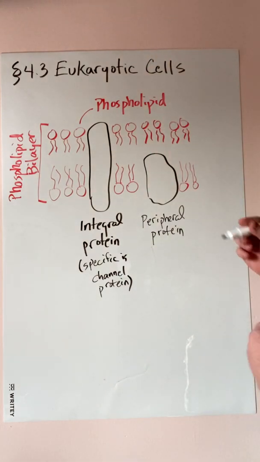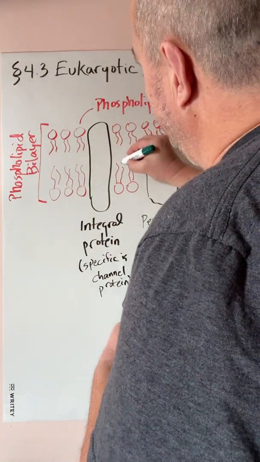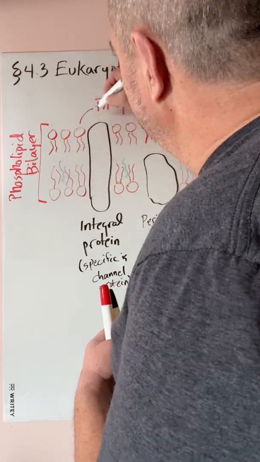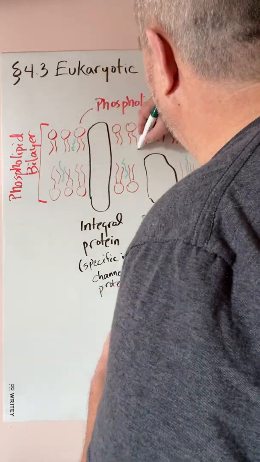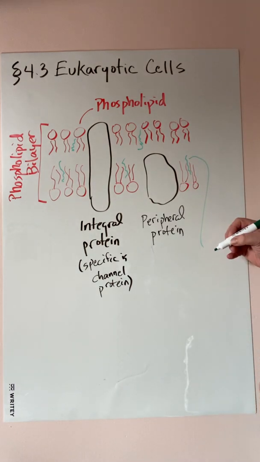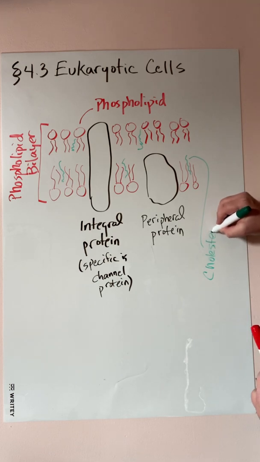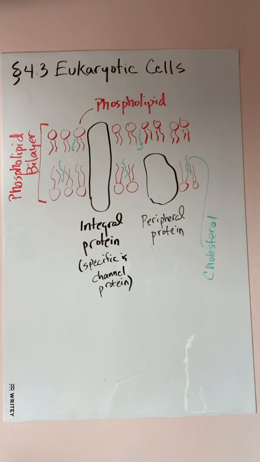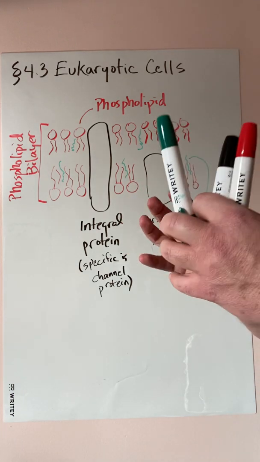Also embedded in there, you'll see molecules every once in a while that are between some of these phospholipids. These green molecules, they're yellow in your book. This is cholesterol. Cholesterol is like that tar that they put in between the different pieces of concrete on the highway. These phospholipids can expand and contract.